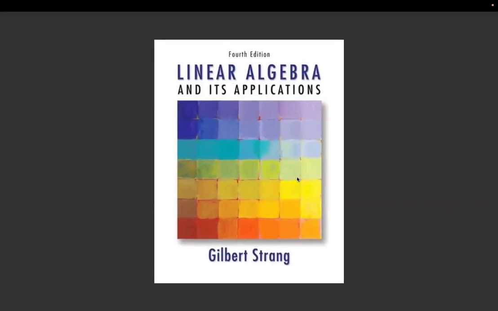The book that we'll be using in the course of this bootcamp is Linear Algebra and its Applications by Gilbert Strang. This is one of the most famous books used by most universities when they teach linear algebra to engineers in India, or if you are in the United States, all the STEM courses teach from this book. This is the most common book referred to by most institutions.